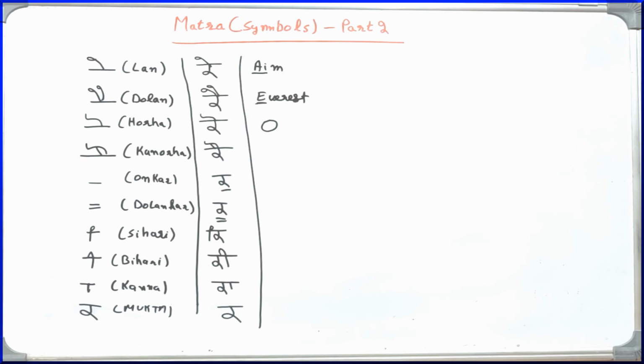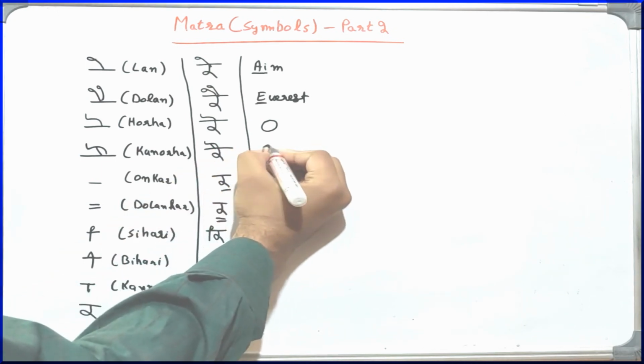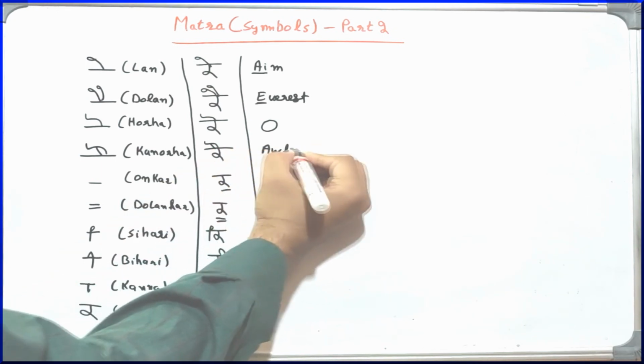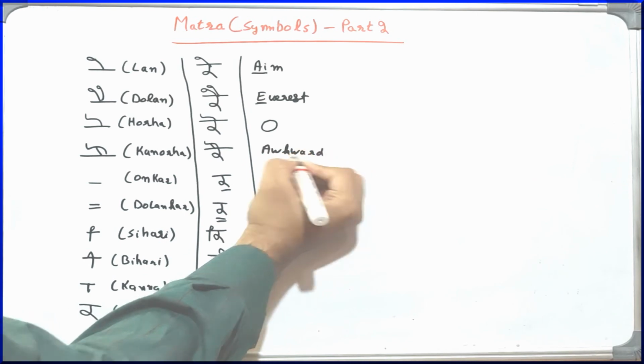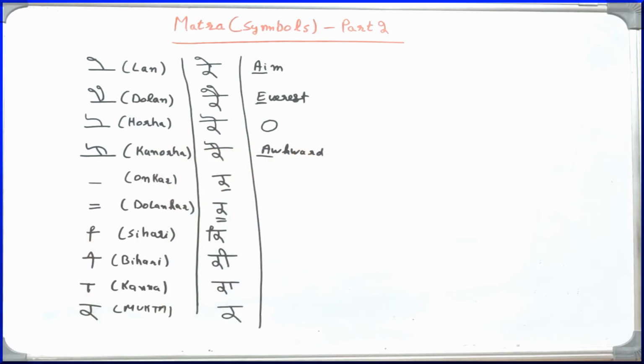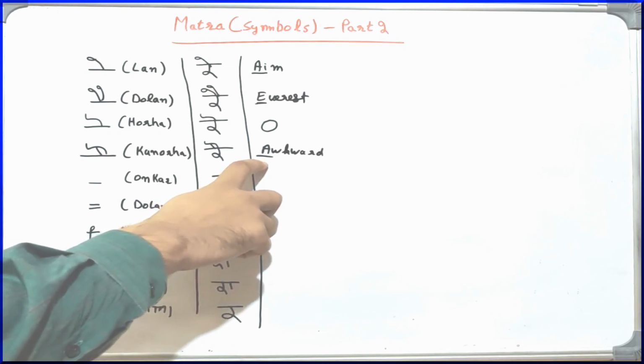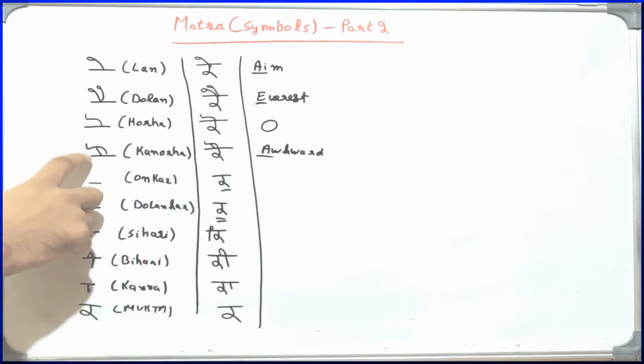Then we have Kanaura. Kanaura gives the sound of aw. So let me write it. What is this? Awkward. The sound of aw in awkward is the sound of Kanaura. There are two different ways to pronounce this word.